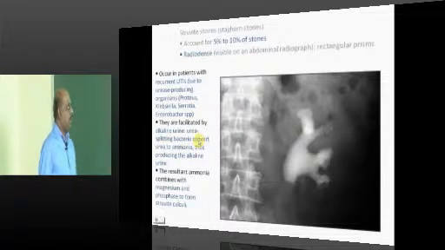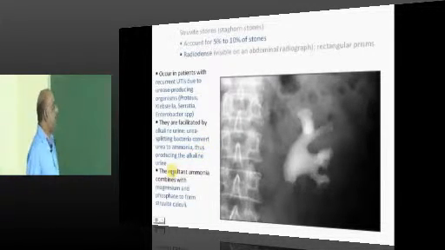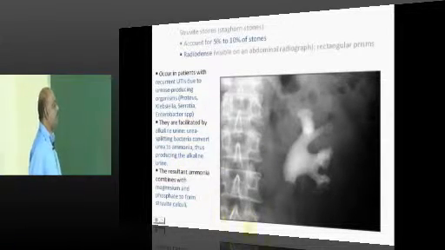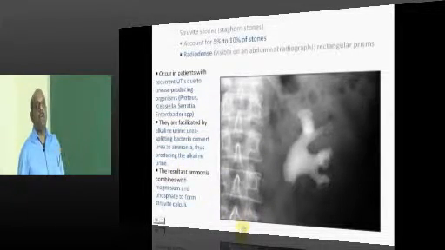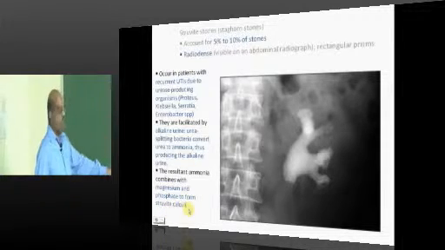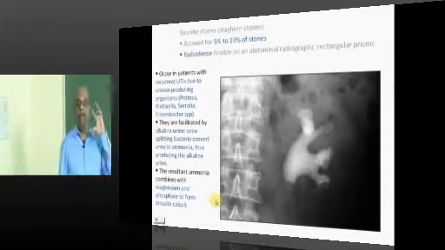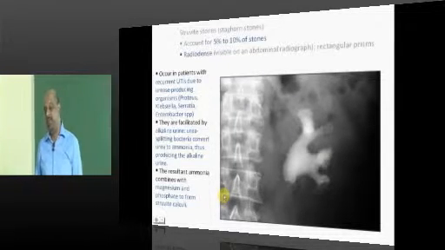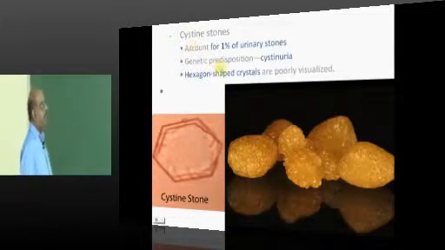Any alkaline urine with a urea-splitting bacteria producing ammonia is the right environment for struvite stone formation, and that released ammonia will bind with magnesium and phosphate. So ammonium, magnesium, phosphate combination will constitute what is called the struvite calculus.